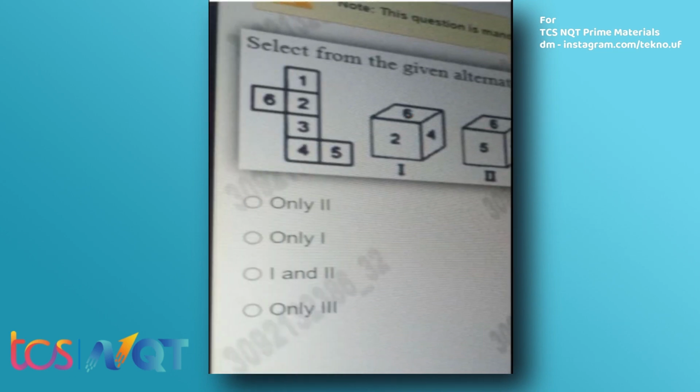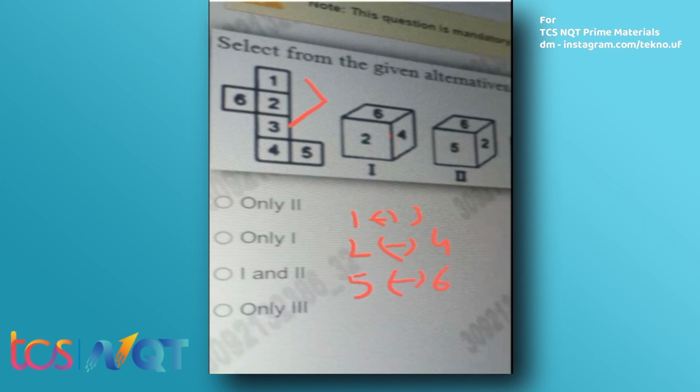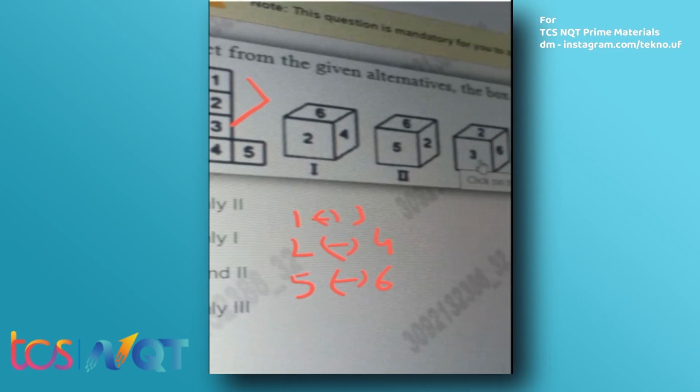At first, we have to pick the opposites. 1 is opposite to 3 as they are the third element to each other, and 2 and 4 are opposite to each other, and 5 and 6 are opposite to each other. So the opposite elements cannot be present at the same time among these three, because the opposite elements are invisible.